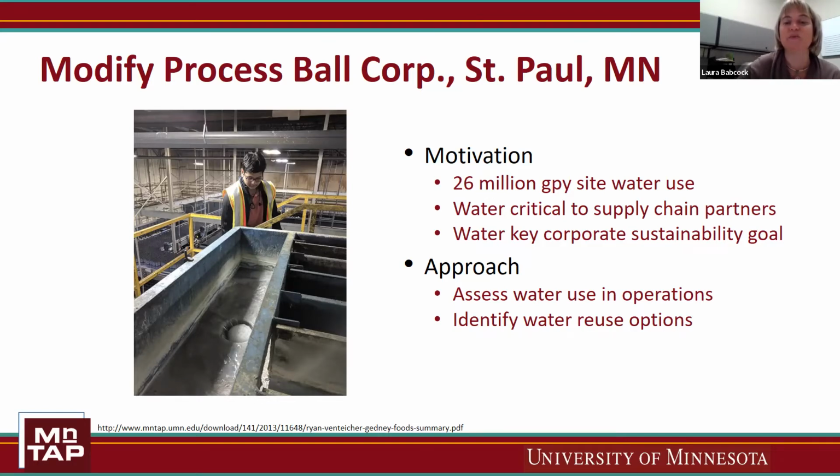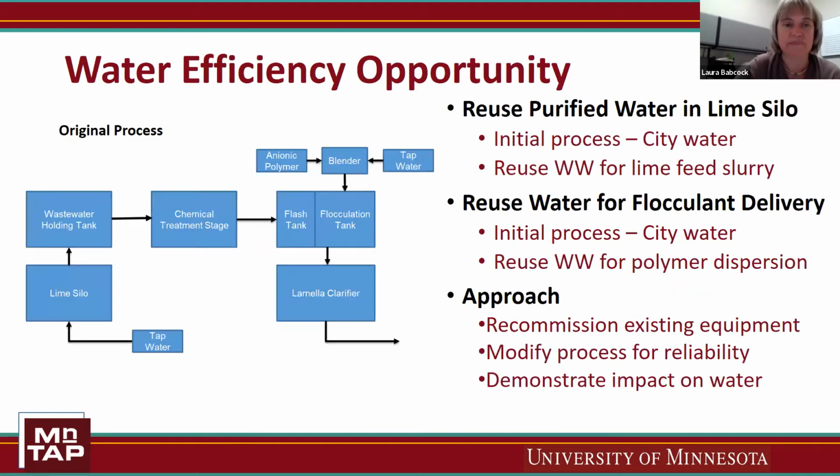And so they were assessing the water use in their operations to identify opportunities for reuse. And they have a wastewater facility. They have a water pretreatment facility. And what they were using was a lot of city water to dissolve their lime in their lime silo and use that for a wastewater slurry feed.